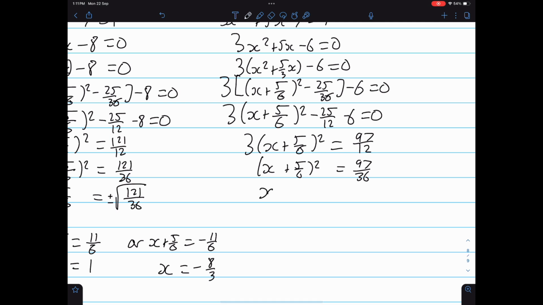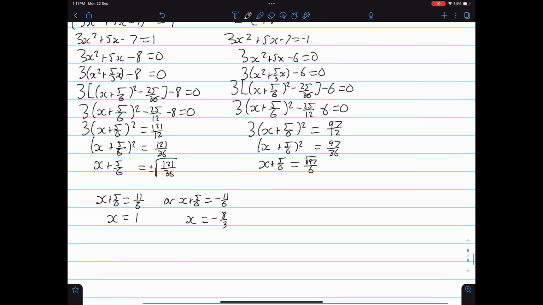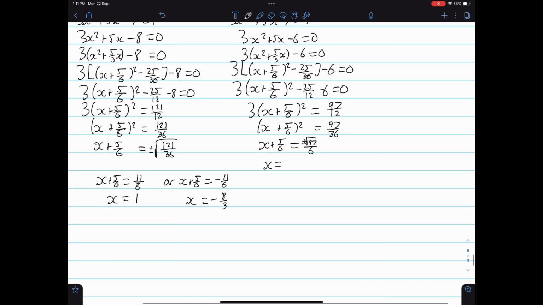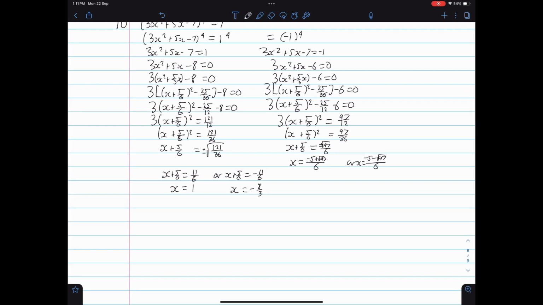And then this gives us root of 97 over 6 plus or minus. So x is either going to be minus 5 plus root 97 over 6, or minus 5 minus root 97 over 6. Those are our 4 answers.